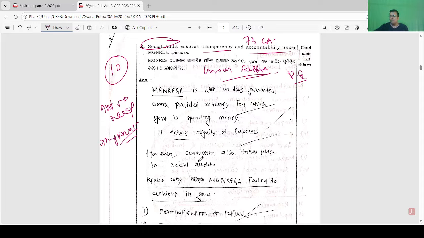Every development work of that village must be audited by Gram Sabha through social audit. It makes citizen participation in policy evaluation, makes administration accountable, and increases transparency and accountability of administration. Who makes them accountable? Gram Sabha, which consists of all adult registered voters of that village.